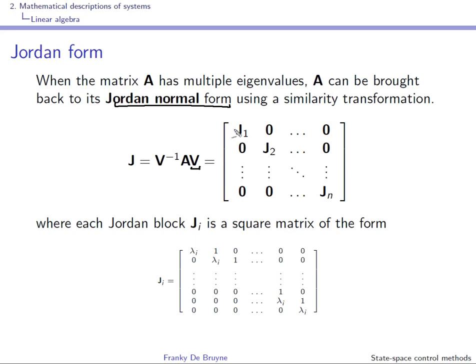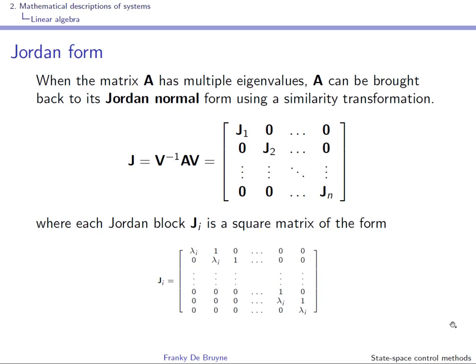This Jordan normal form is a block diagonal form, and on the diagonal you find Jordan blocks, which are square matrices of the form given over here. So you have the eigenvalue on the main diagonal, and on the diagonal above you have all ones.